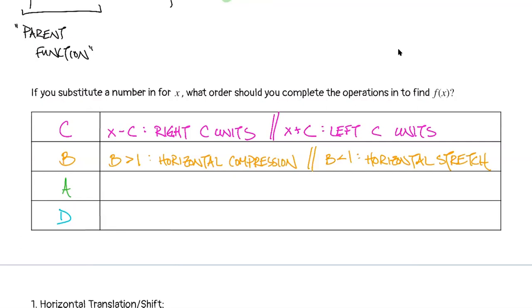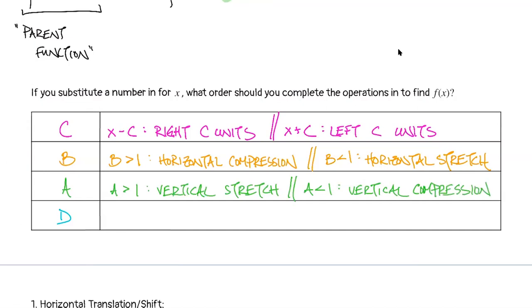Our A value, if A is greater than 1, that's going to give us a vertical stretch. And if A is less than 1, it will give us a vertical compression.